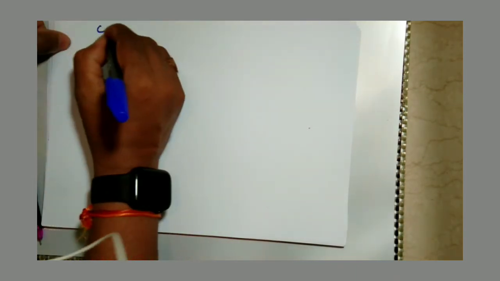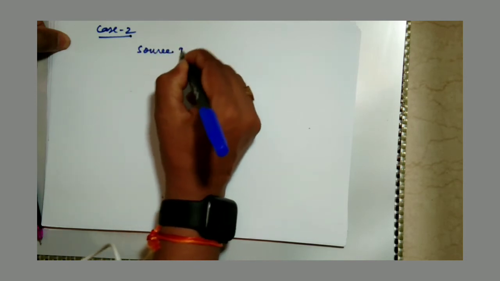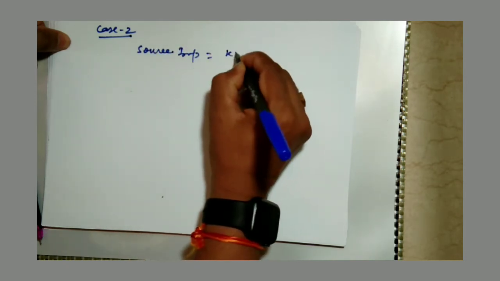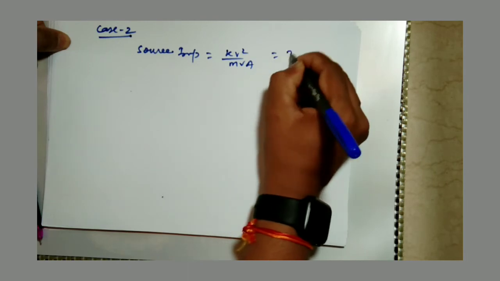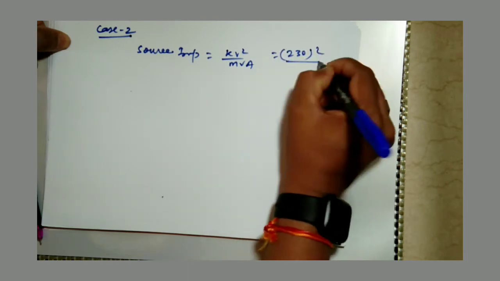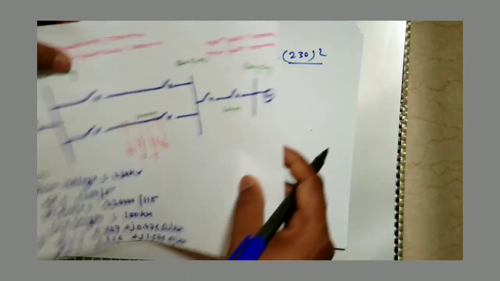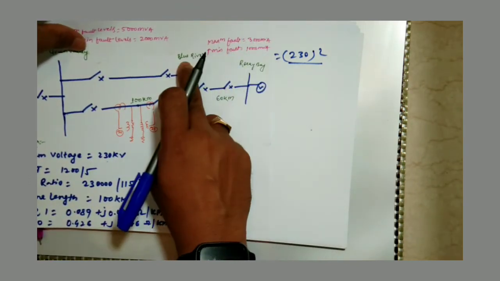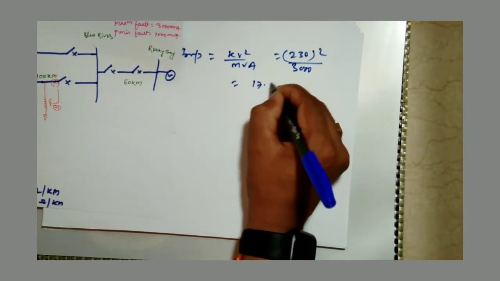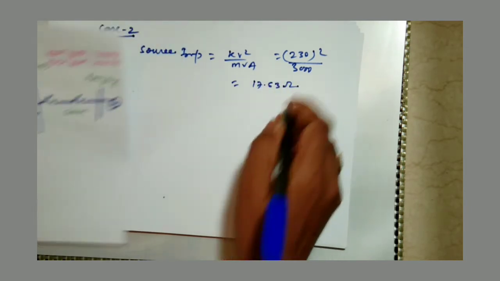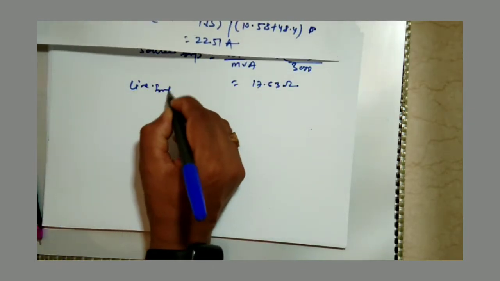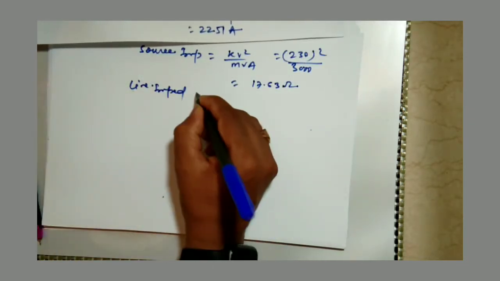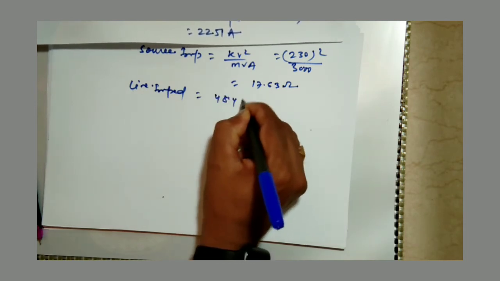And in case 2, the source impedance will be kV squared by MVA, 230 squared by, and you will see here the maximum fault level in the Blue River line is 3000 MVA. So you will get a resistance value of 17.63 ohm, and the line impedance you have already calculated for the 100 kilometer line is equal to 48.4 ohm.